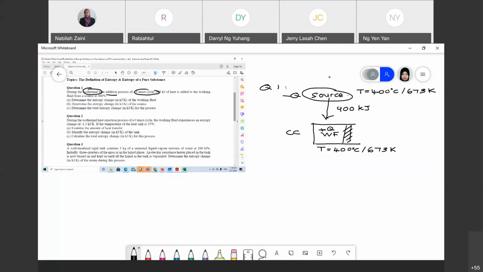Determine the entropy change in kilojoule over Kelvin of the working fluid. The entropy change of the working fluid is Q over T of the working fluid. Since the fluid is receiving heat, it is positive 900 kilojoule over 673 Kelvin.